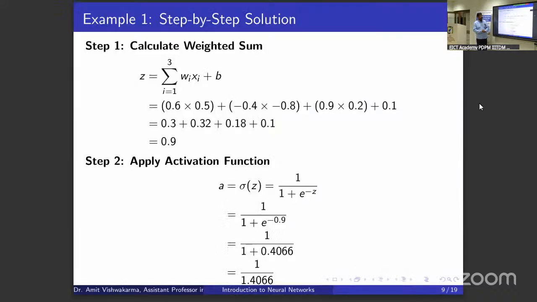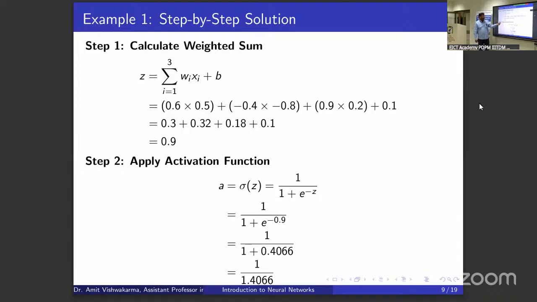Next slide. Calculate the weighted sum. Z equals the sum from i equals 1 to 3 of W_i x_i plus b. In my solution it is in this form. Please verify, 0.7 something. We computed this Z as 0.9.